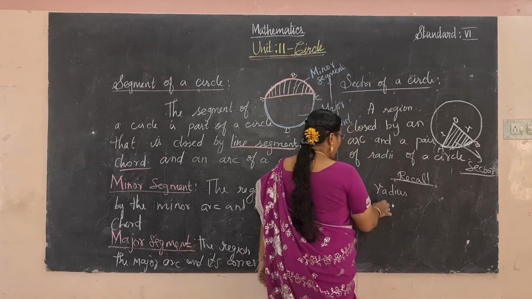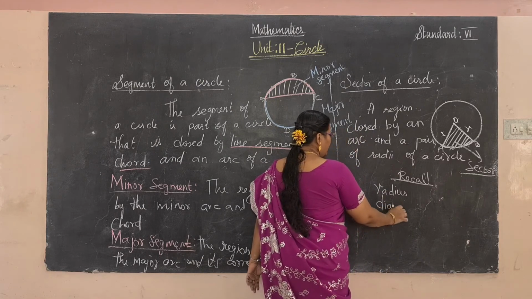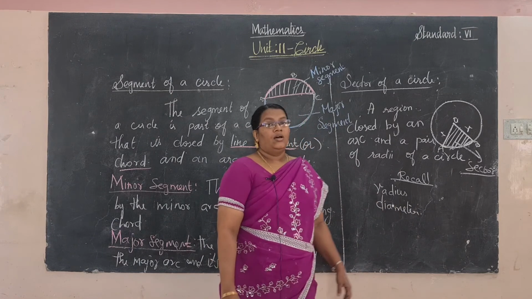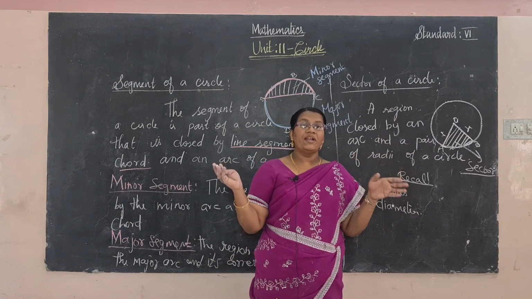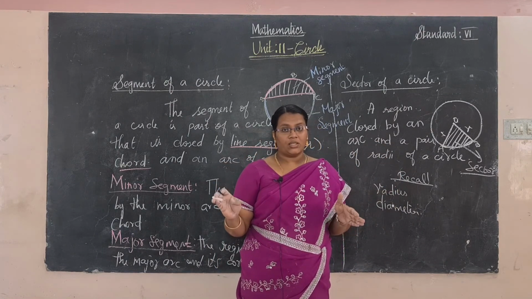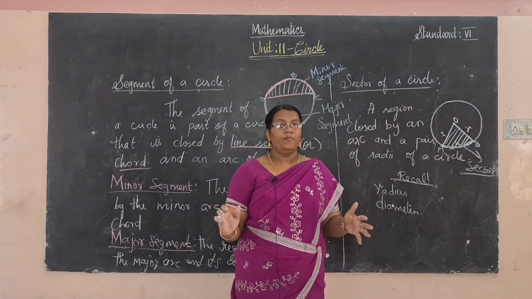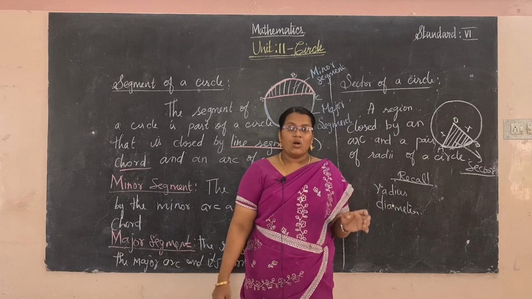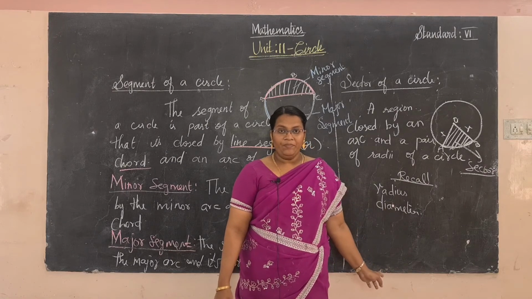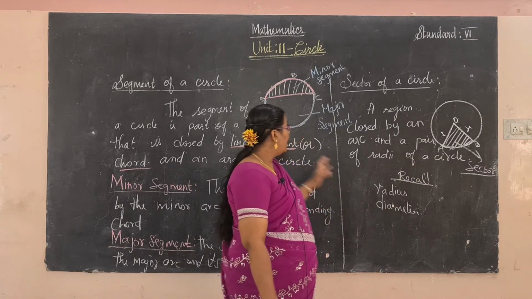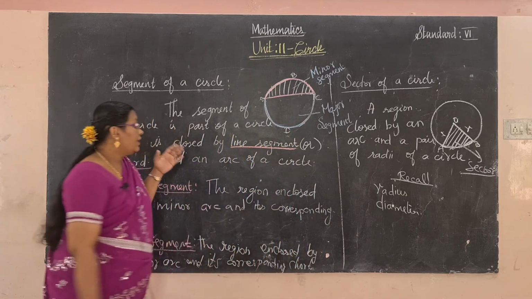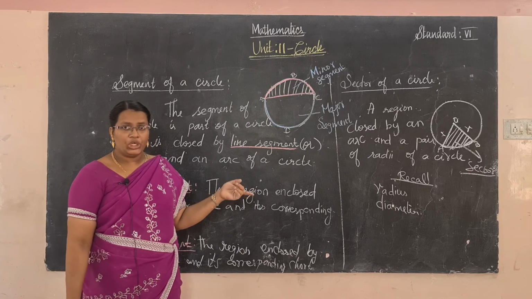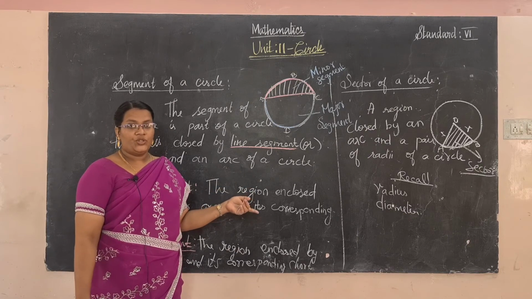And next one is diameter. Diameter means a line segment whose two end points lie on the boundary of the circle, and it also passes through the center. It is called the diameter. We have also learned the relation between the diameter and radius, d equals 2r.